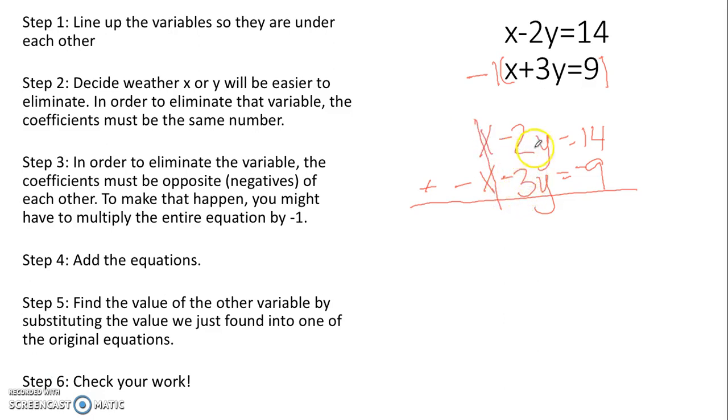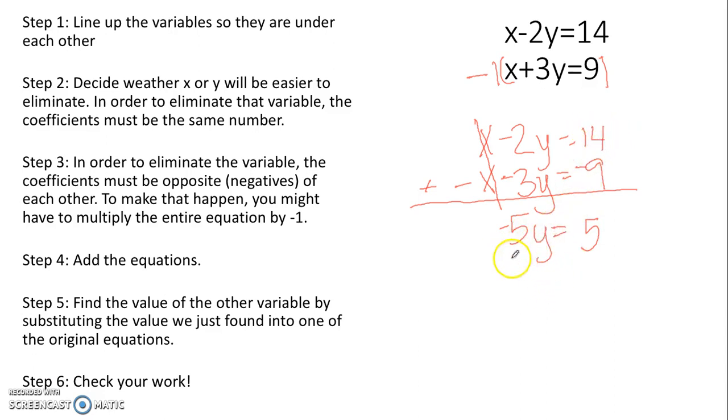Now we have -2y plus -3y, which is -5y, is equal to 14 plus -9. Well, 14 plus -9 is... it is +5, my bad. 14 minus 9 is +5 because you take the sign of the bigger number.